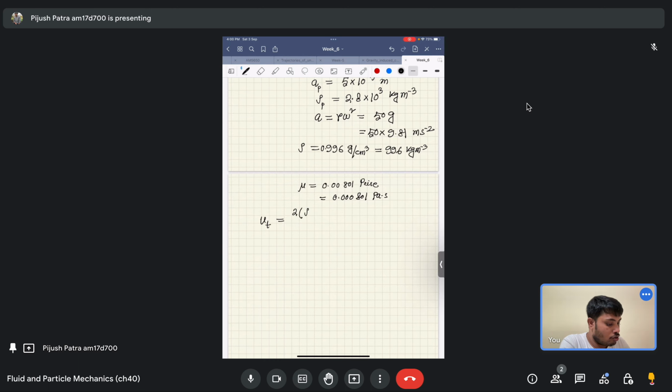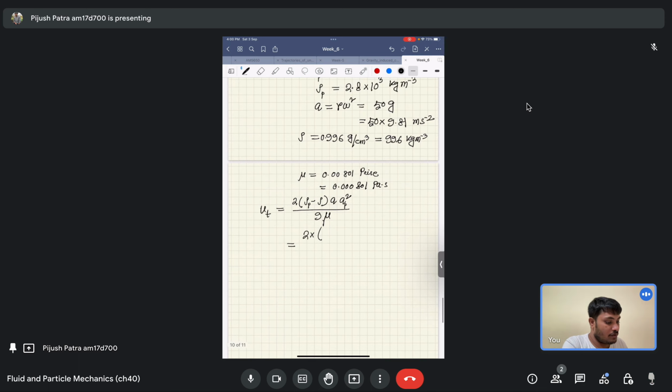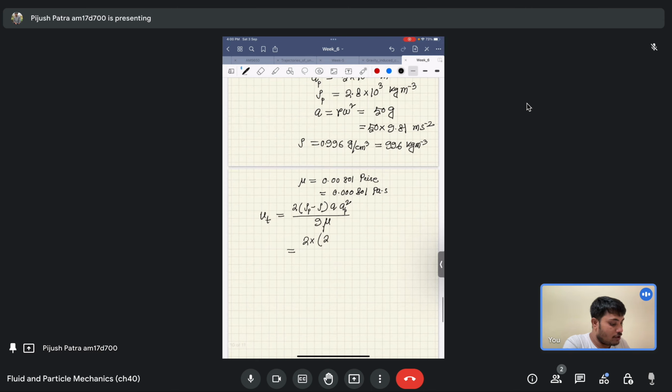It is 2 into rho p minus rho, into g, which is the acceleration a, into ap square, divided by 9 mu. What is rho p? 2800 minus 996, into 50 into 9.81.